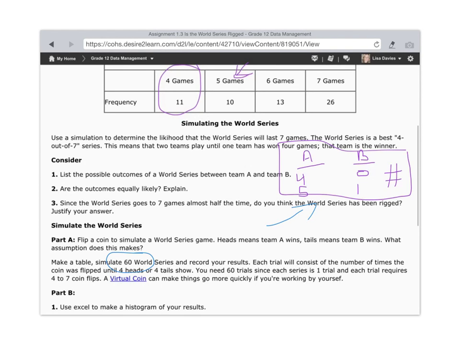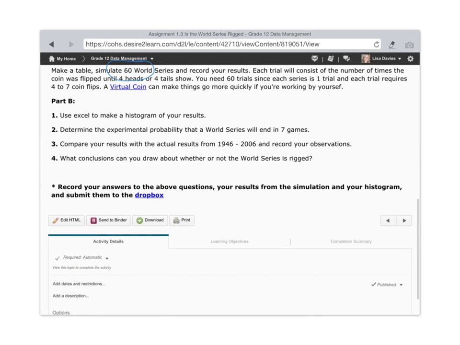And so from that histogram, we're then going to try to determine the experimental probability of the World Series ending in 7 games. We will be able to tell that from the histogram. How many times did it happen when you flipped a coin that we won in 7 games before one team had 4 wins?